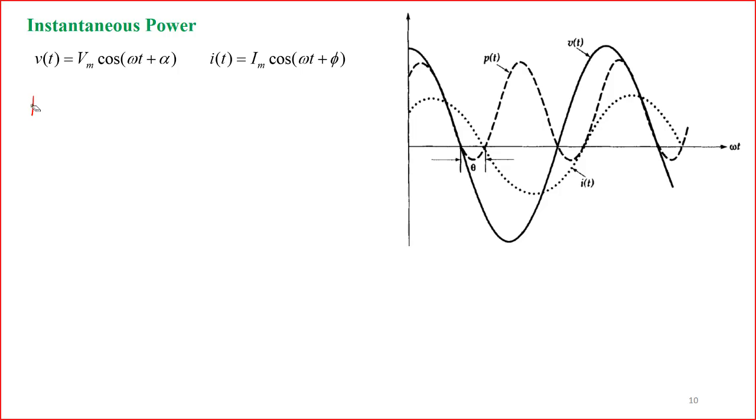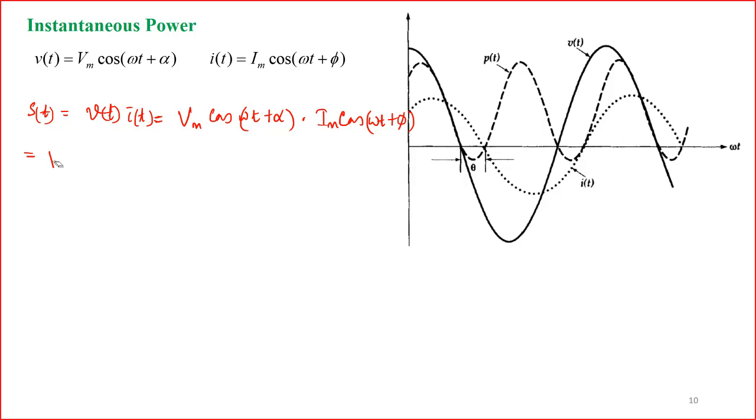Now if we write the equation for the instantaneous power, let us say s(t), this will give me v(t) i(t), and if we multiply with the exact values, Vm cos of omega t plus alpha into Im cos of omega t plus phi, right?